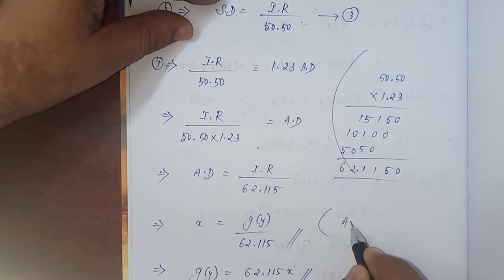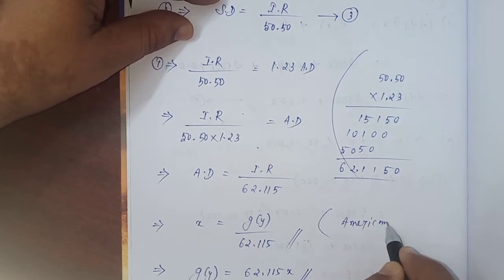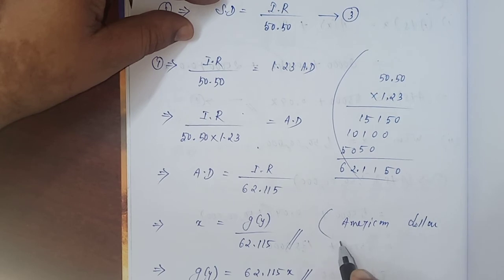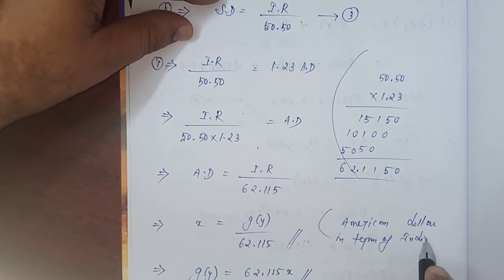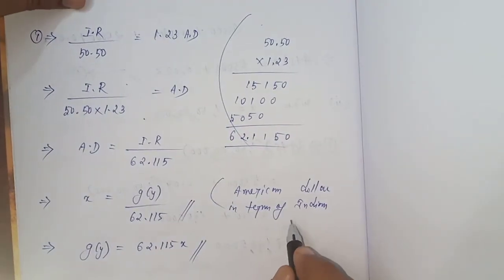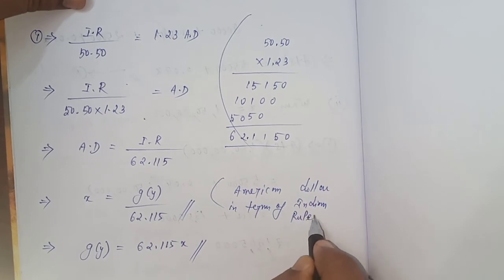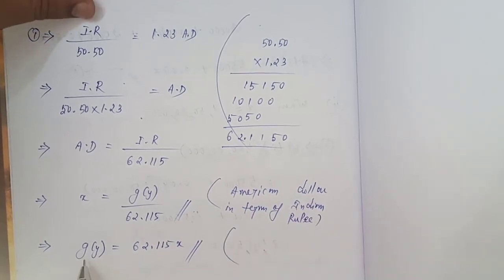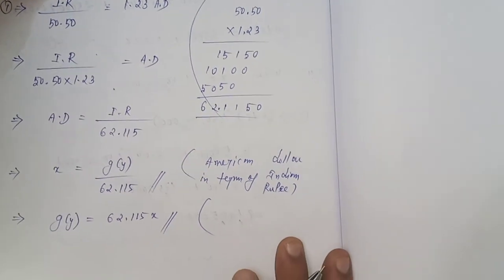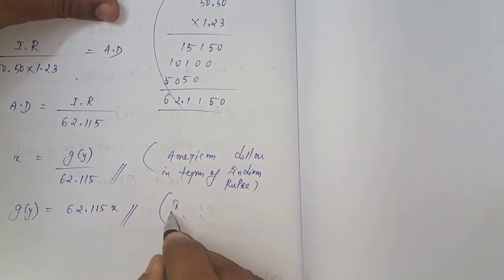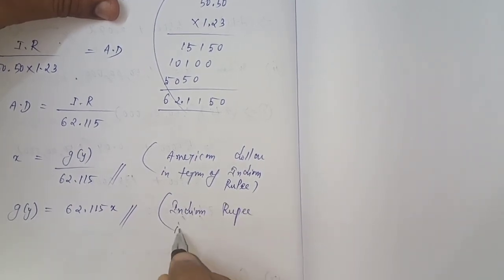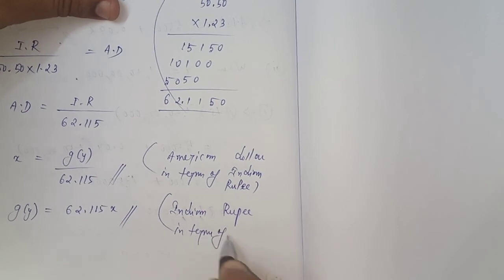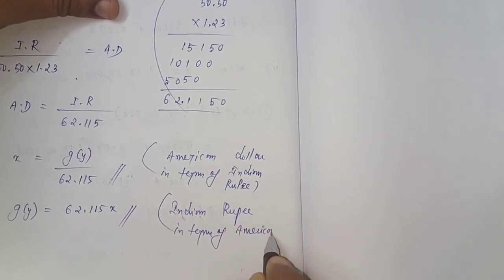American dollar in terms of IR means Indian rupee. This one is Indian rupee in terms of American dollar.